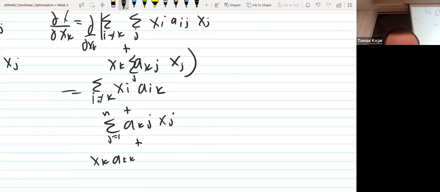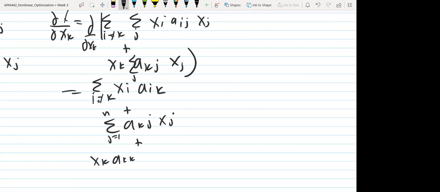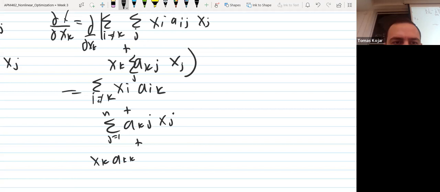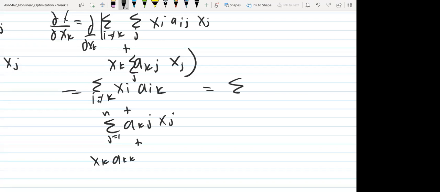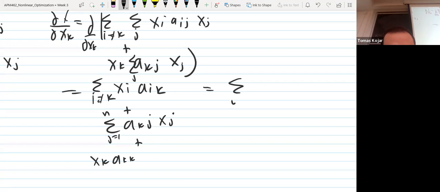So I split it like this, and the guy on top becomes the sum over i from 1 to n of x_i A_ik plus the sum over j of A_kj x_j.